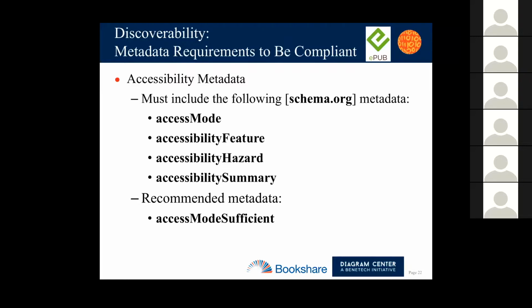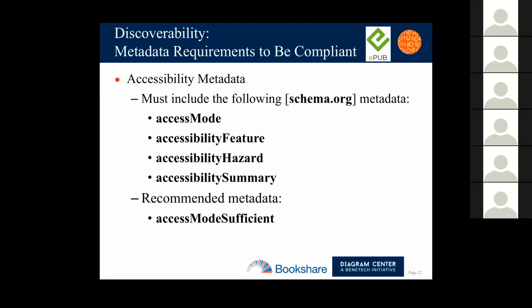Recommended metadata, access mode sufficient. This is a little bit tricky to understand, but the basic idea here is, what does it take to consume this book completely, as far as the access modes? So if it's all textual, then access mode sufficient is textual.